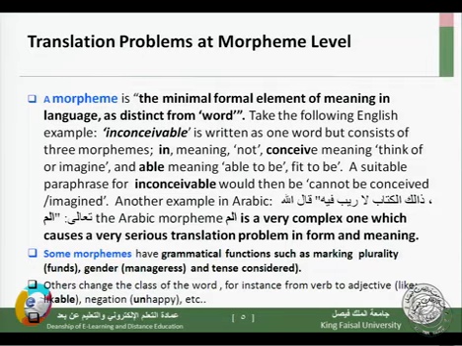Now, it's not only grammatical functions. Morphemes have other functions, like they change the class of the word. Lexically speaking, they change the class of the word. Now, if you want, for instance, to make a verb an adjective, or an adjective a verb, here you use morphemes, like prefixes or suffixes.